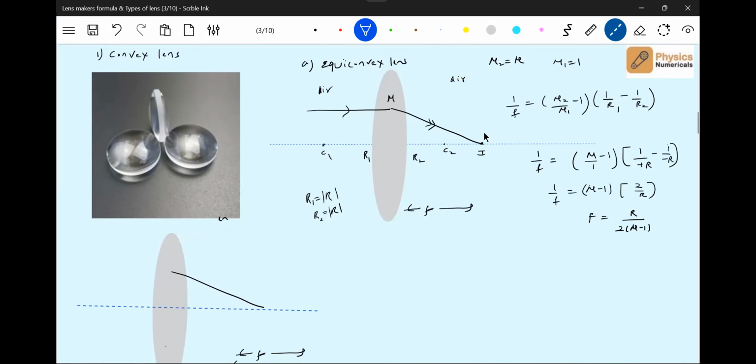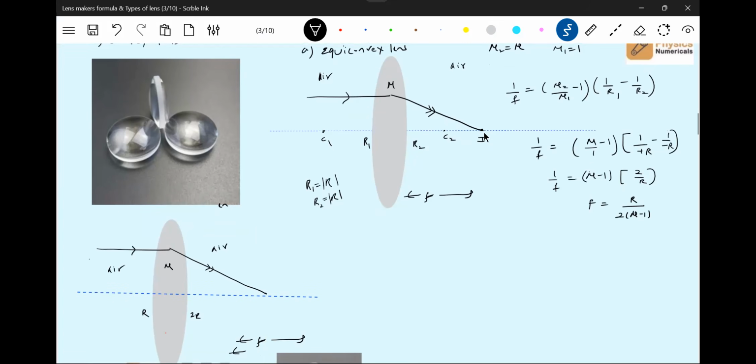It is not an equiconvex. The radii of this be R, let this be 2R. There is the incident ray, refractive index be mu, that of the surrounding, let it be A. So this will be the focal length. Then this is not an equiconvex lens now. Now you can just call it a convex lens.